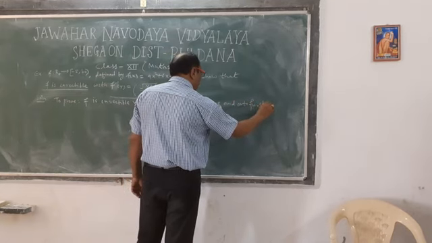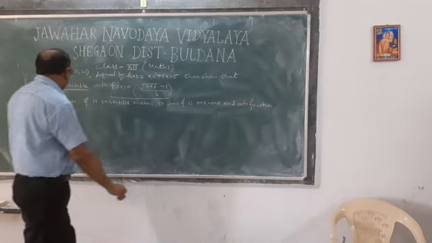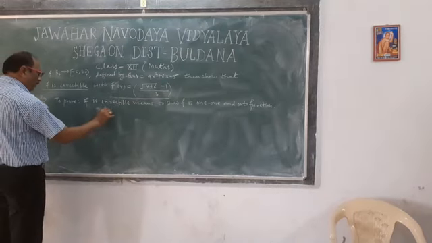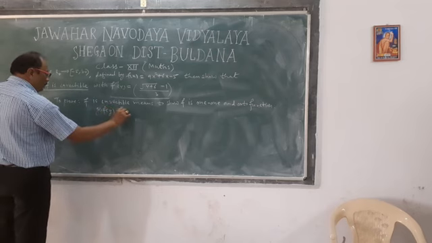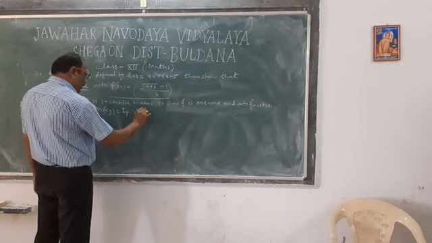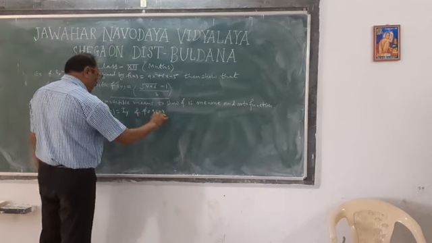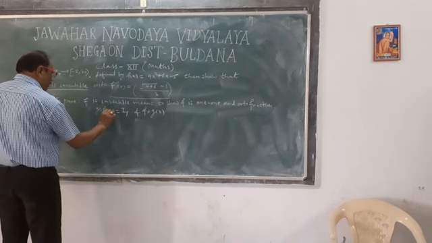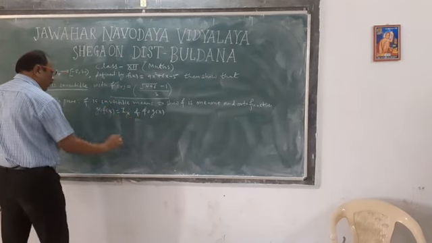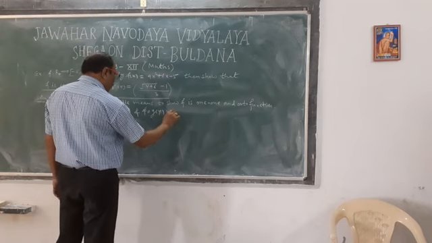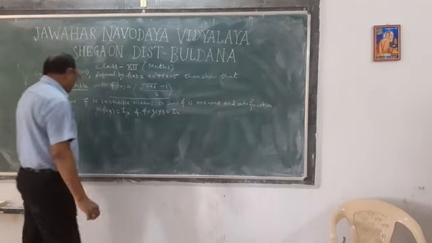F is one-one and onto means g circle f of x is equal to identity on x, and f circle g of y is equal to identity on y.